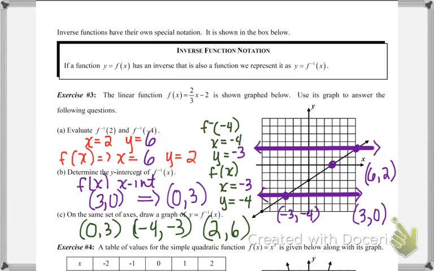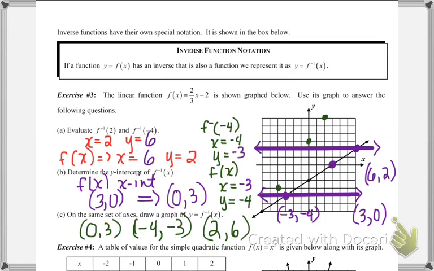So let's plot those points. -4, -3. We can graph 2, 6. And then we graph the point 0, 3.